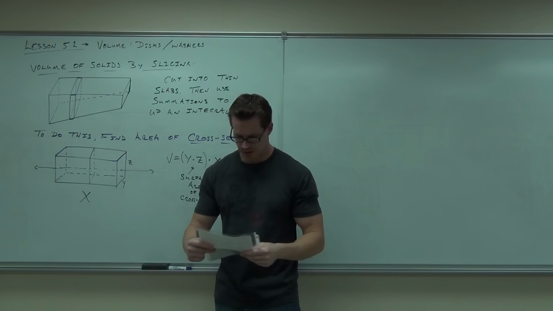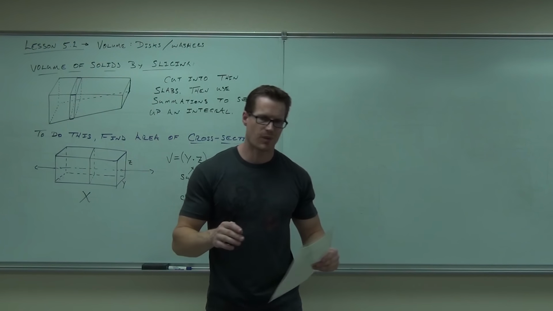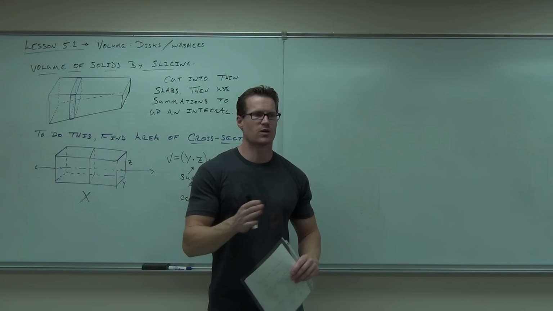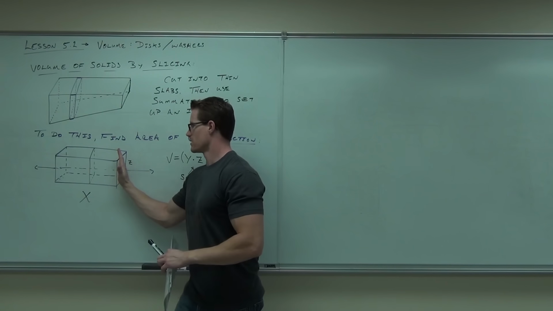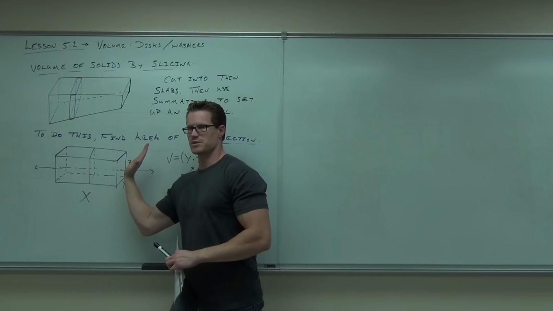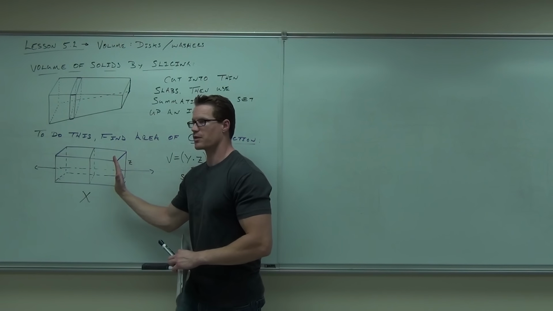Good deal. Now we can solve any volume where the solid is bound by planes that are perpendicular to the x-axis. Here, let me explain it to you. If this was like this, and it was not straight up and down, could you cut it into slabs? It wouldn't work right. It wouldn't be a slab to start with. That would be a problem.